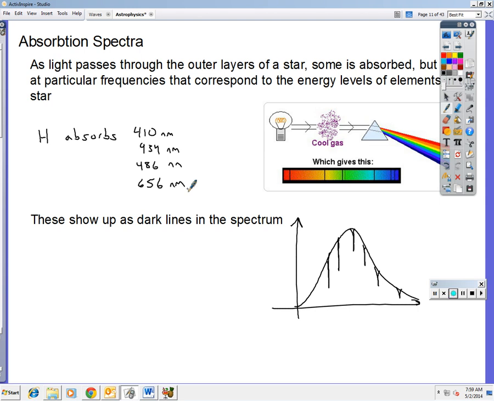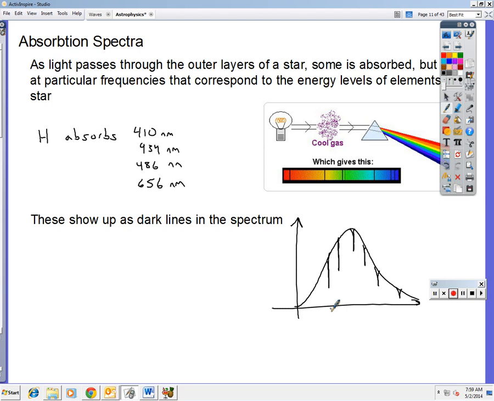So if you see dark lines at those frequencies, you know that there's a lot of hydrogen in the star, which, of course, we knew about already. But you can do similar things with other elements and see what besides hydrogen is in the star.